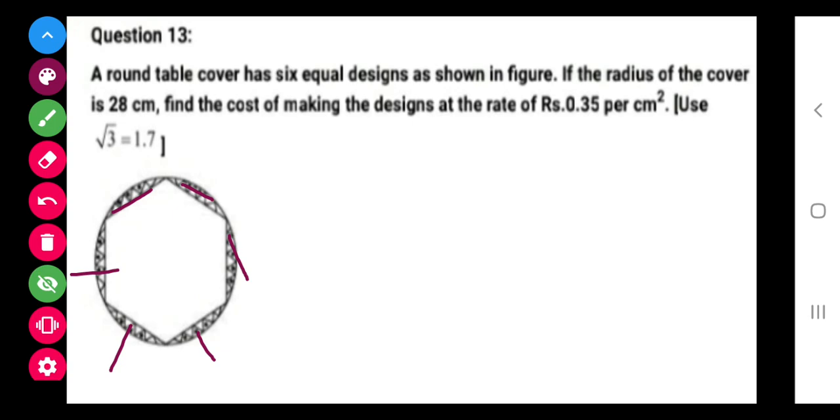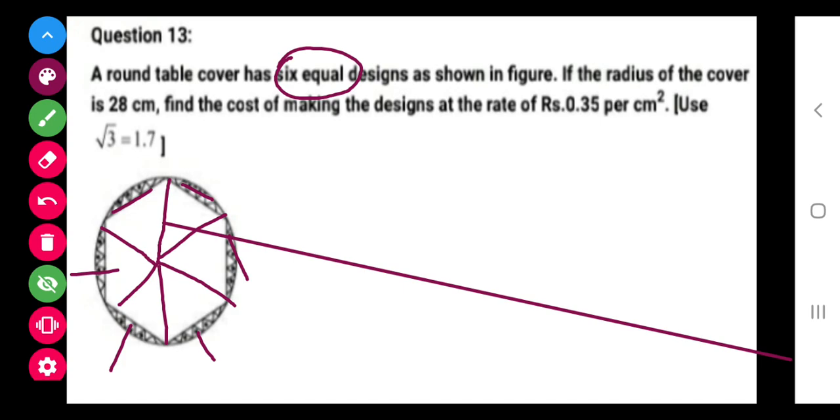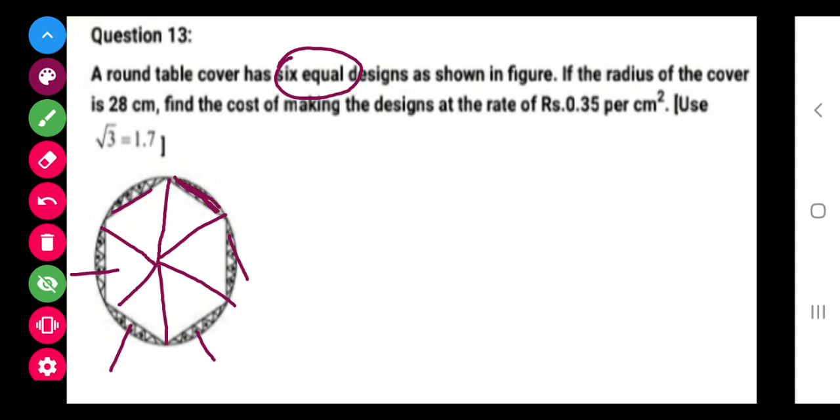And if the radius of the cover is 28, and these all designs are equal, so class, you can assume that if we join this with the center, then it is forming 6 equal sectors and we have to get the area of the segment.